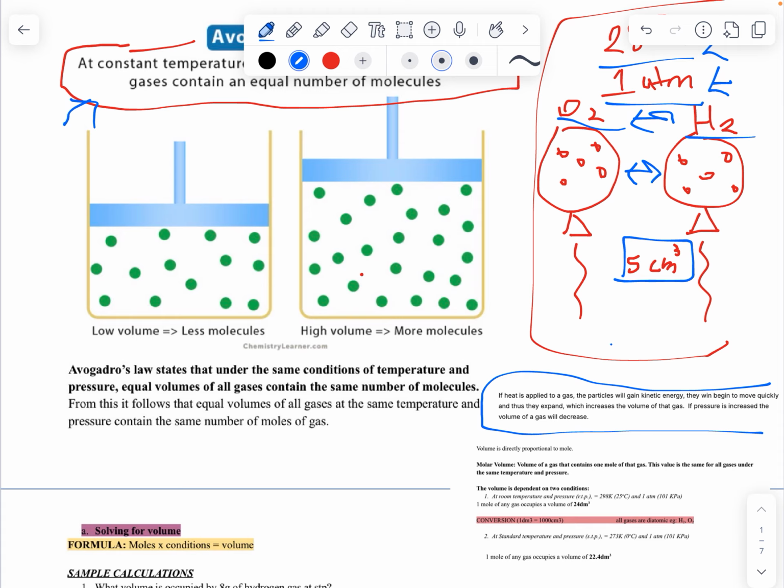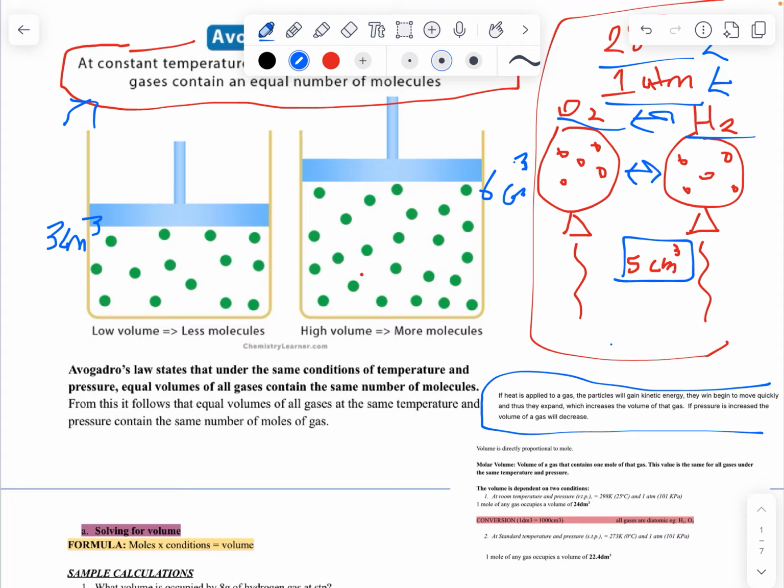Now this diagram shows a little bit about how volume and molecules relate. As you can see over this side, we have a low volume. Let's say this volume is about 3 cm cube. That's the volume of our gas, and it would have fewer molecules. But over the right side, let's say this volume is 6 cm cube. As we can see, it has more molecules.